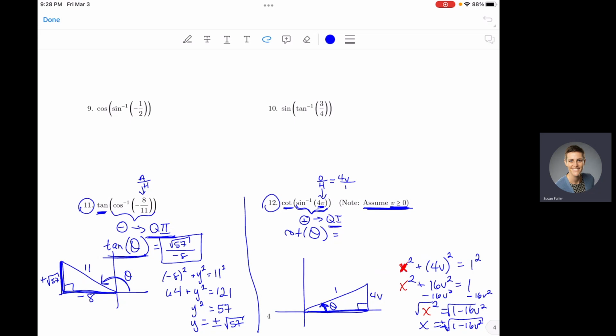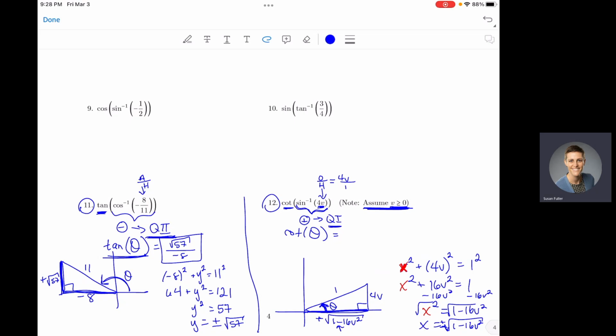X is positive in quadrant 1, so it's going to be the positive square root of 1 minus 16v squared. And this square root will not simplify. This is not going to be the square root of 1 minus the square root of 16v squared. You can't distribute a radical or a square root over subtraction. Addition and subtraction ruin everything in algebra. So you've got to leave it as the square root of 1 minus 16v squared.